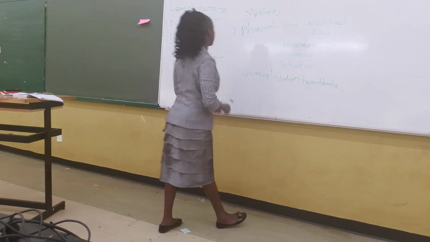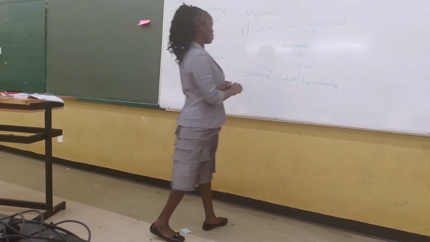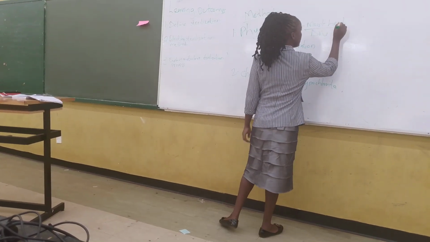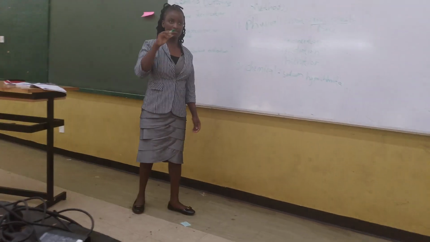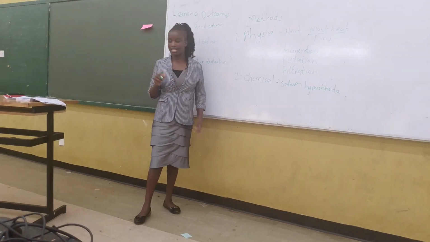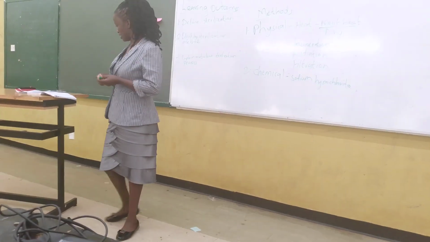So we'll be looking at this, but for today, we only focus on moist heat, and we'll talk about an example for moist heat. Yes, Francie? Using the autoclave. Yeah, that is very correct, using an autoclave.